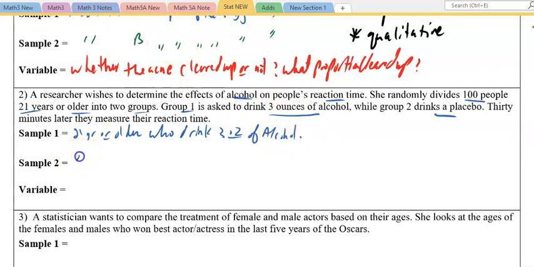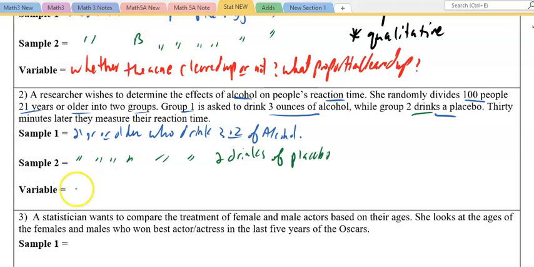Group 2, 21 years or older, who drinks, how many? Is it 3 ounces? Who drinks 2 drinks of placebo.